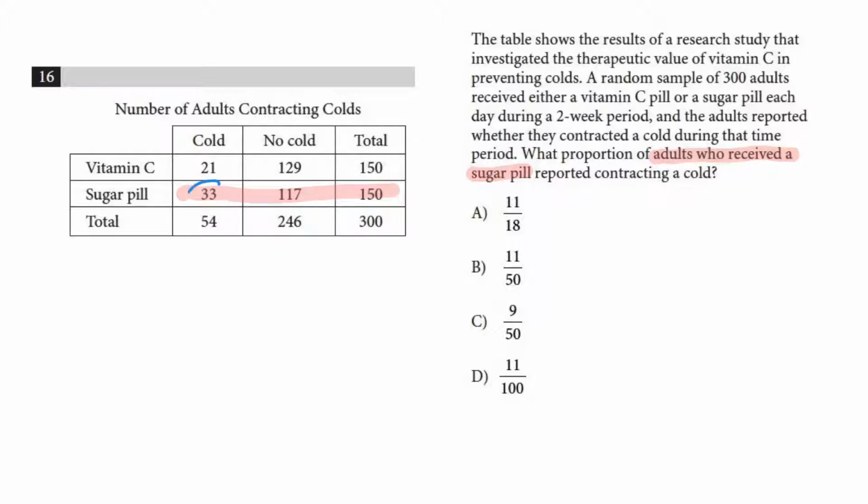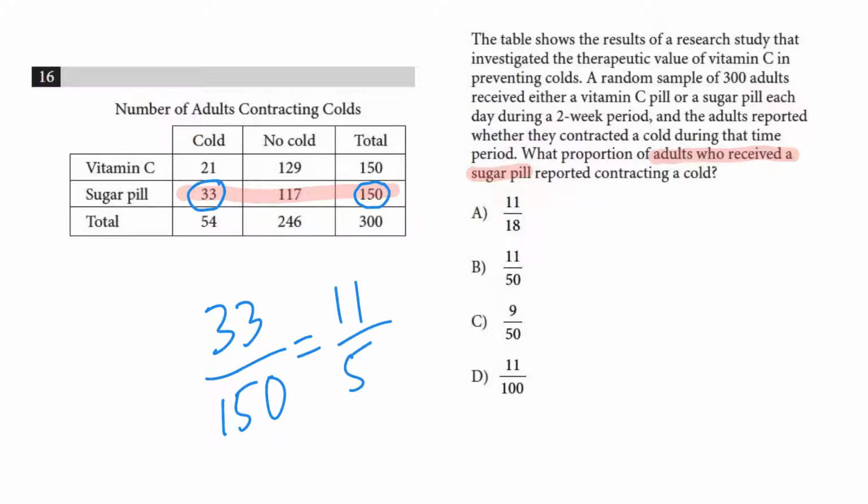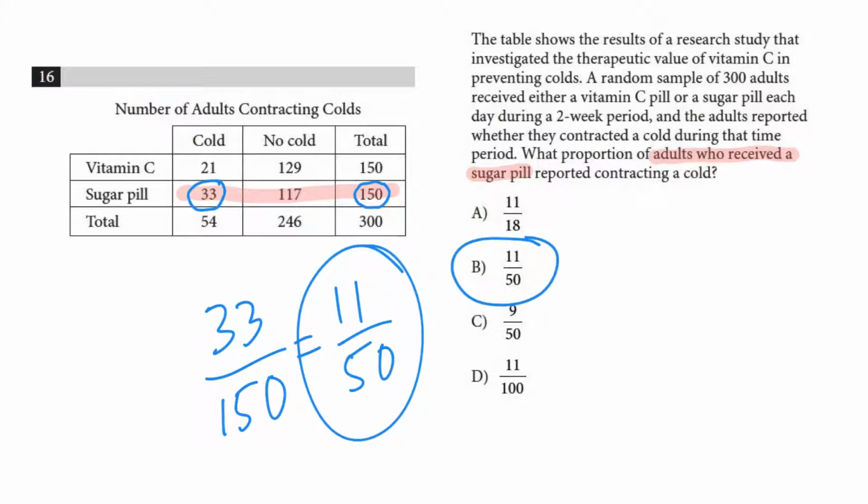Well, 33 reported contracting a cold, so it's going to be 33 out of the total that received the sugar pill, which is 150. Okay, well, I know I can divide both of those by 3, so 33 divided by 3 is 11. 150 divided by 3 is 50. So 11 50ths. That'd be B.